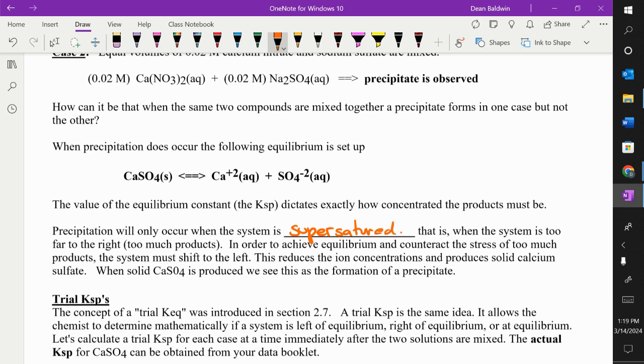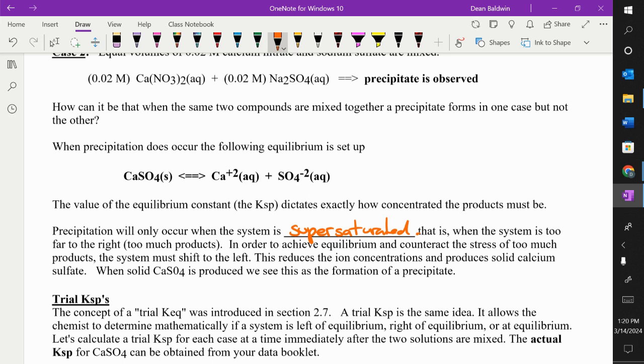All right, supersaturated. So you've gone past the point, and so then the equilibrium starts to push back, and you get a solid forming, and that was the stuff that fell out of solution in your test tubes yesterday.